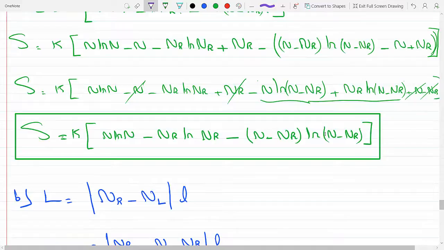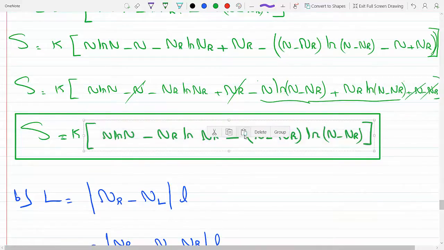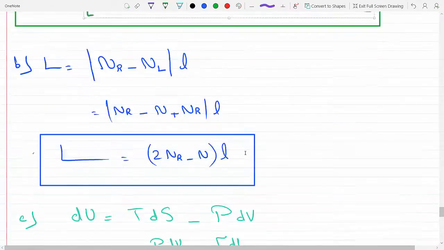I'm just going to copy it and paste it so I don't have to rewrite it.